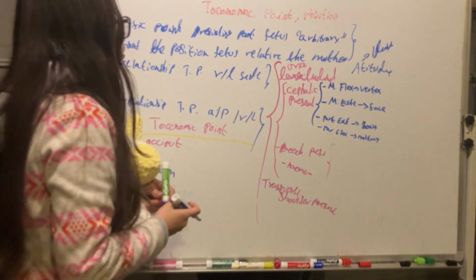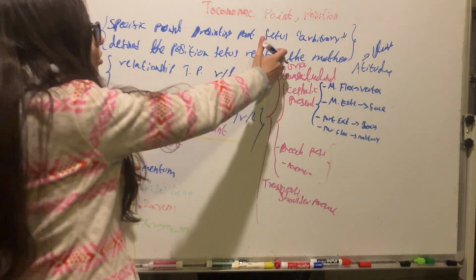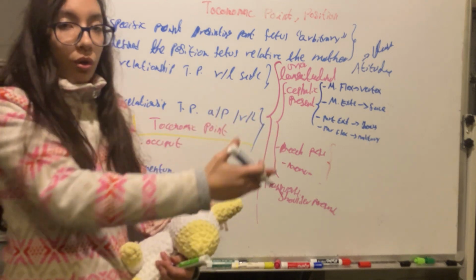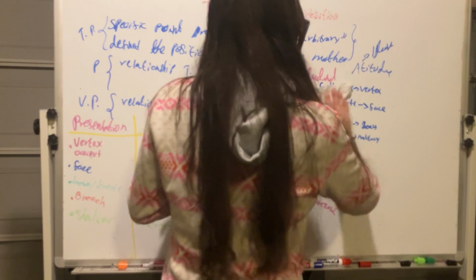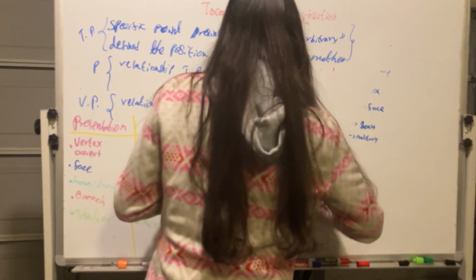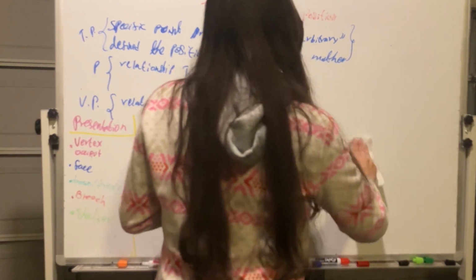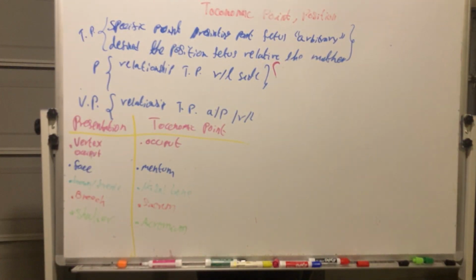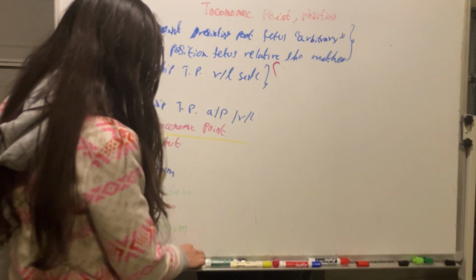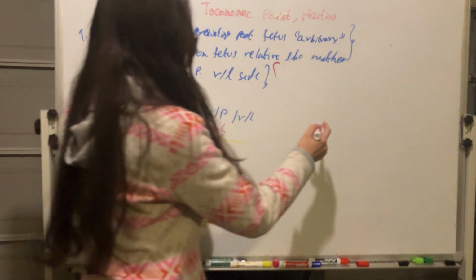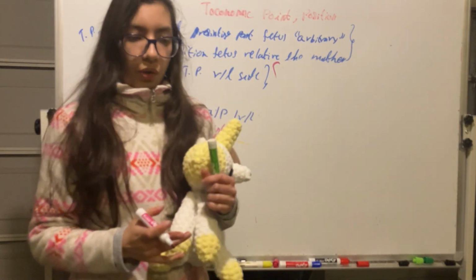Now let's correlate the tocogonic point with position and variety of position. I will erase this. Let's draw the pelvis of the mother.